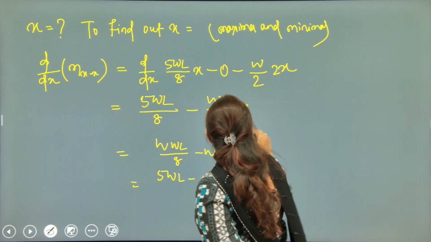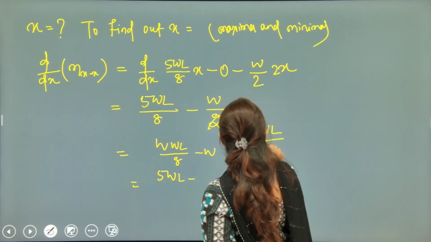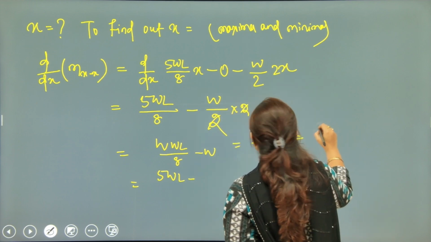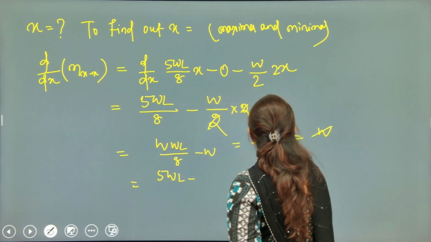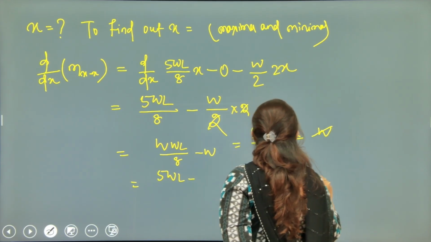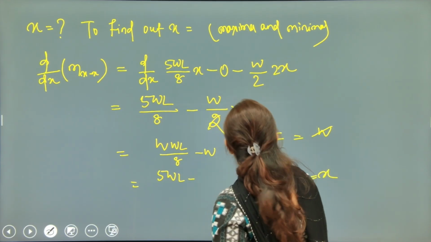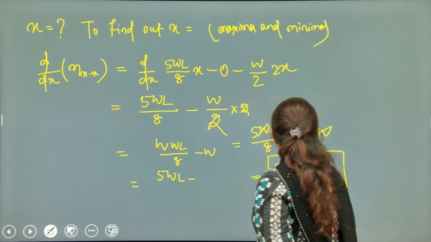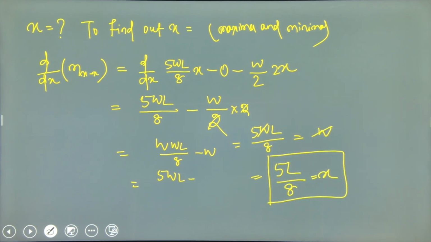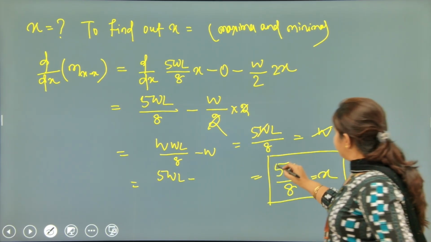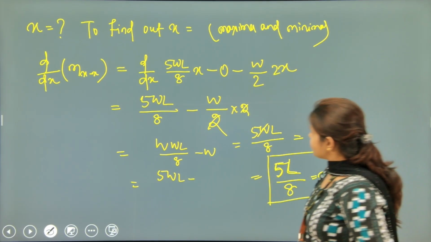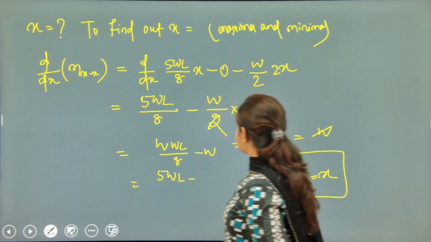I can write here that 5WL upon 8 will be W x, so W will be cancelled. This is going to be your 8 as x. So here your x value will be 5L upon 8.